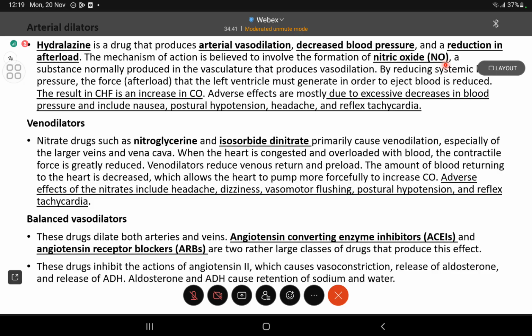From there, the nitric oxide is going to convert to cyclic GMP and then go on for further actions. For the nitric oxide pathway, definitely they need a few enzymes. L-NAME is one of the important enzymes which is going to produce nitric oxide in the blood vessel.